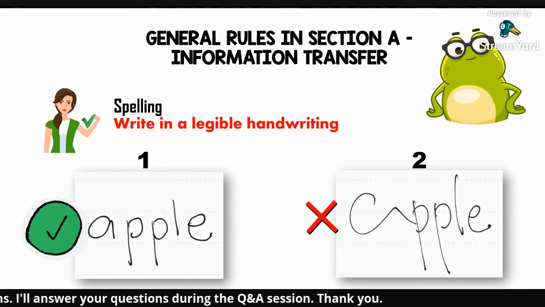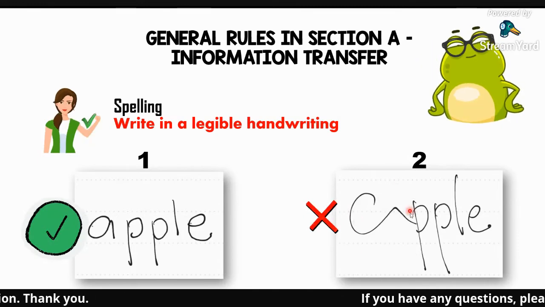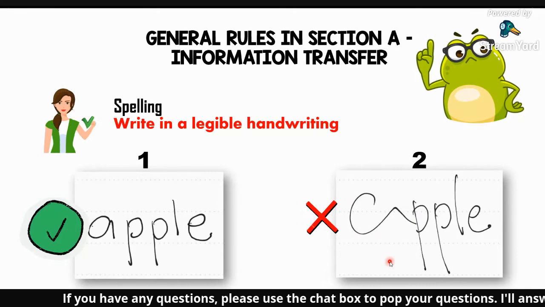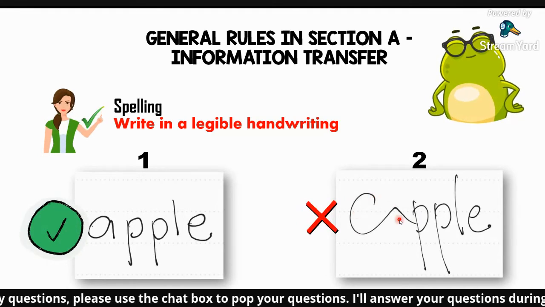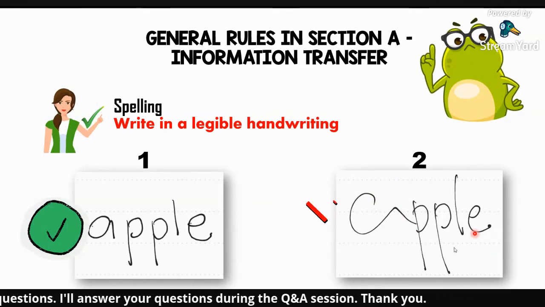Now if you look at picture number 2, look at the letter A. Does that look like an A to you? No, right? It looks like U. So please avoid writing like this.